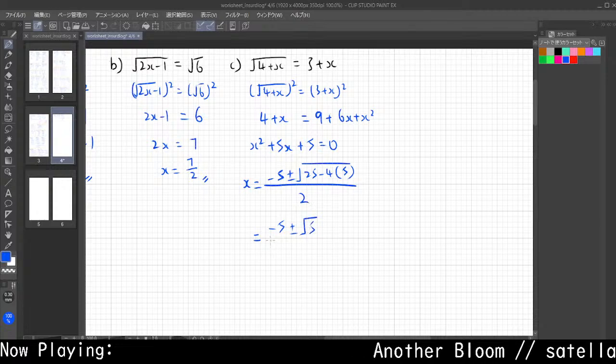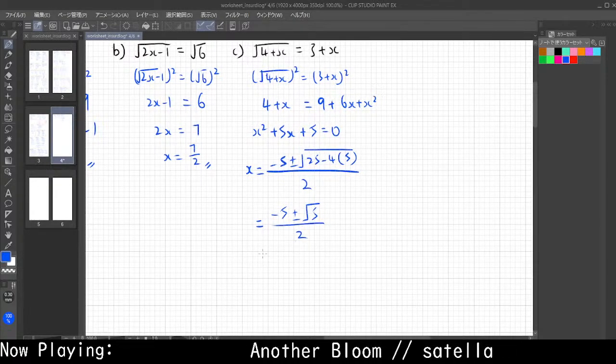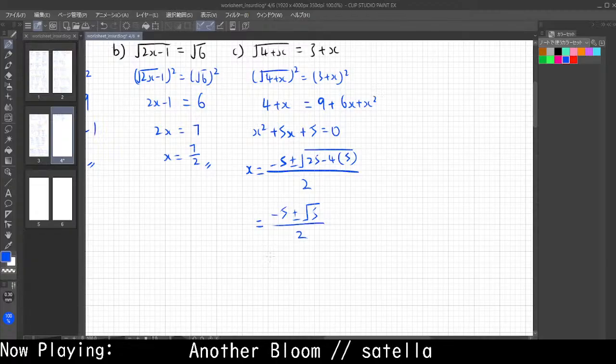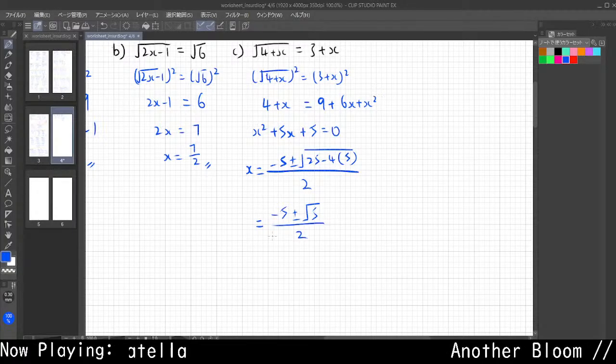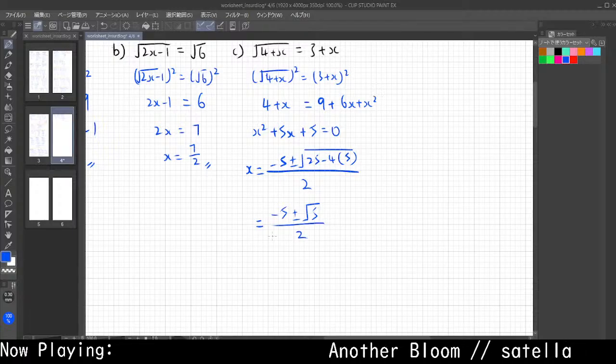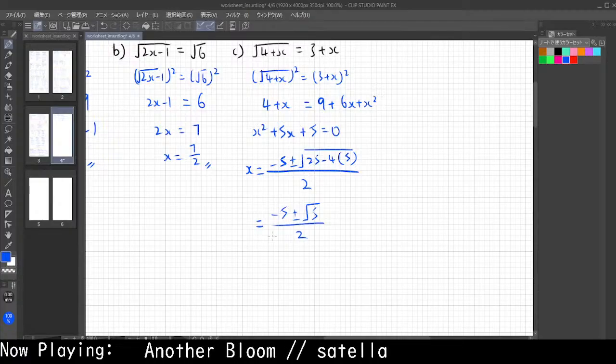You can verify that this is the answer on your own. Okay, so just turn into decimals for easy calculation, right? So -5 plus the root 5 over... I can just use my calculator right now.